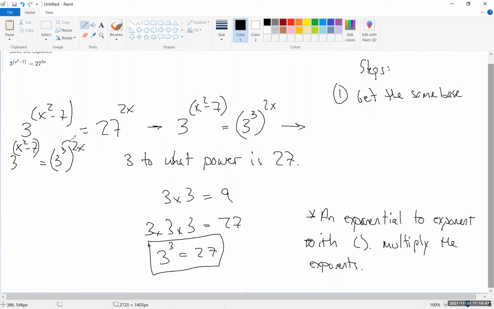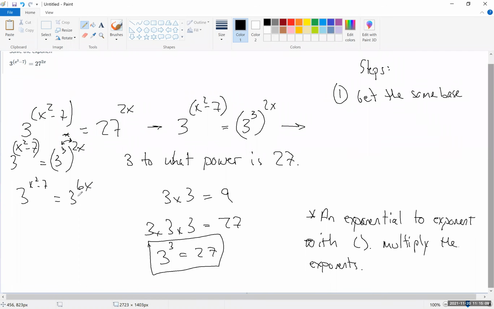So you multiply those two exponents. So it's going to become 3 to the x squared minus 7 equals 3 to the 6x. Okay. An exponential to an exponent with parentheses, you multiply those exponents.